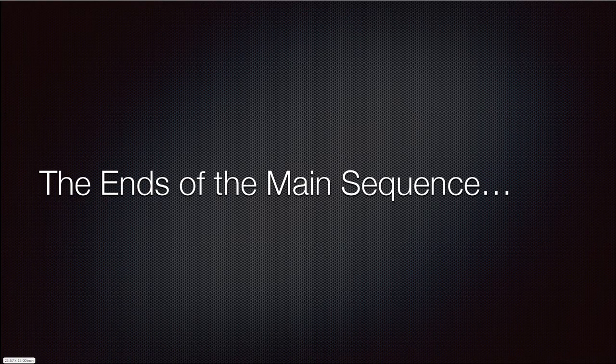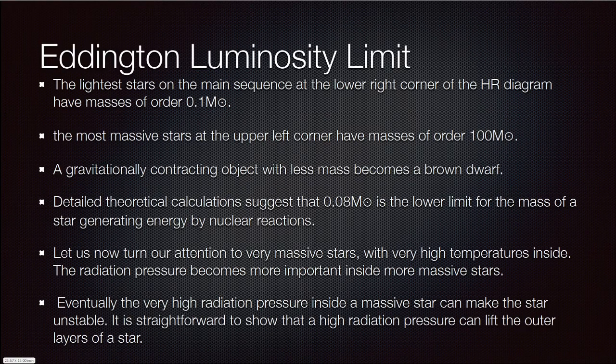Now, where does the main sequence end, and what is the limit of the mass? The lighter stars on the main sequence at the lower right corner of the HR diagram have masses of the order of 0.1 solar mass, whereas the most massive stars at the upper left corner have masses of the order of 100 solar masses.